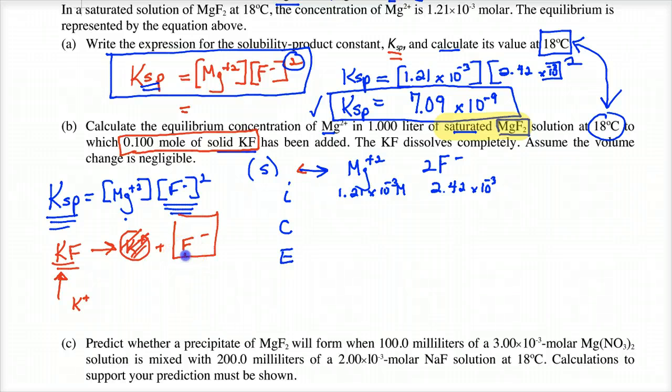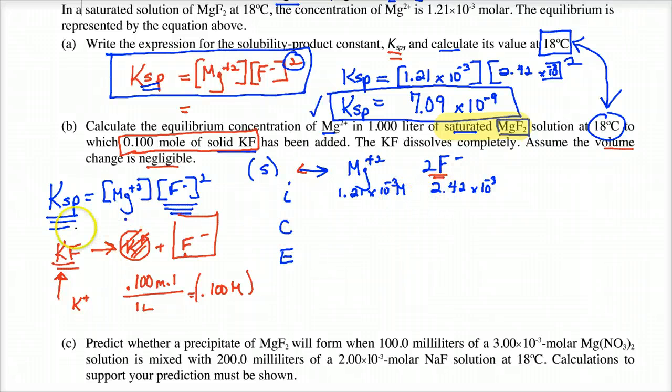By adding KF, you are adding a common ion, really increasing this value here. So they say they have 0.10 moles in a liter of solution. Well, that's pretty easy. 0.1 moles over a liter is 0.10 molar. Notice they said the volume change is not significant, so that's what we're going to do here.